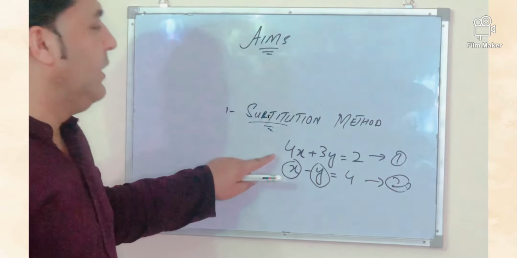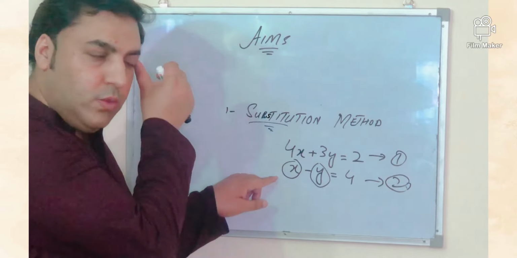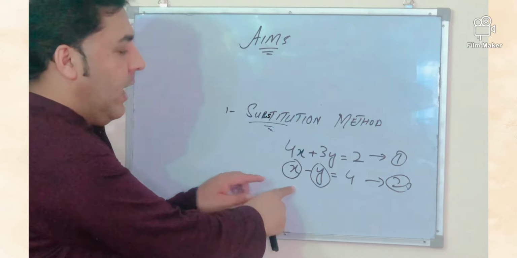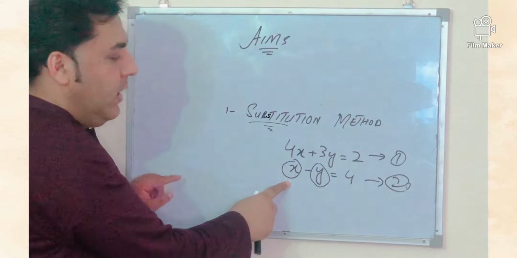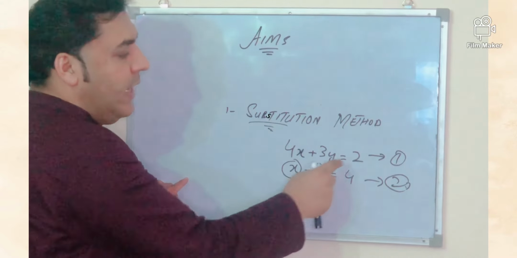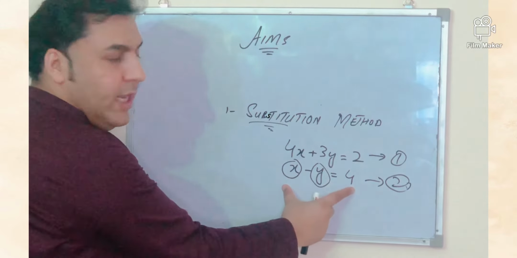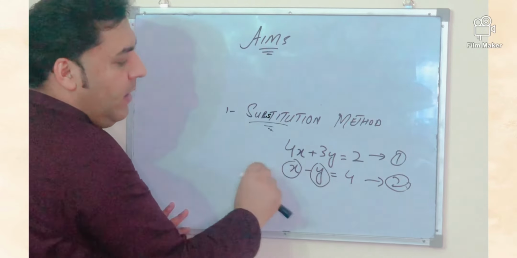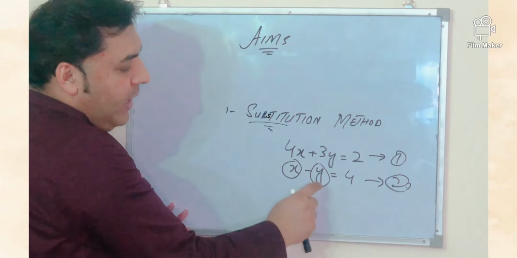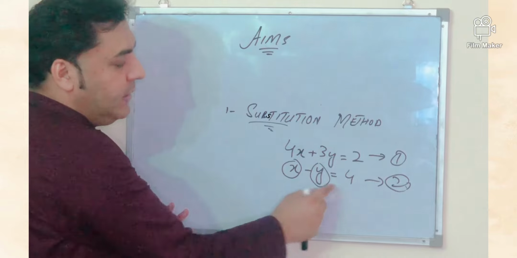Now these are 2 equations. I can refer to equation 1 or I can refer to equation 2, and then I will take one variable out and I will put the value of that variable into the other equation. So this equation is looking simple, because if I extract x or y, I can see it is very simple.